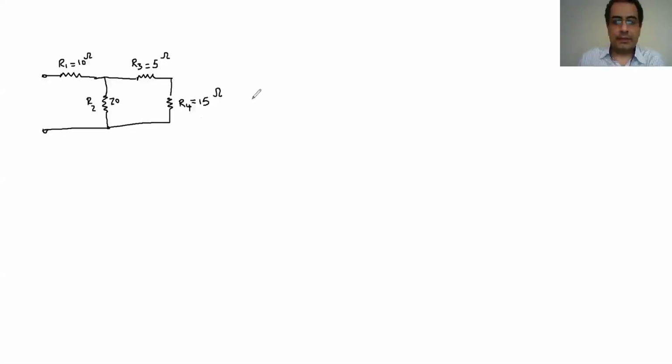So R1 is going to stay there, and the R2 is going to stay there as well, because I don't want to do anything with them. But these two are in series, so I can add them together.